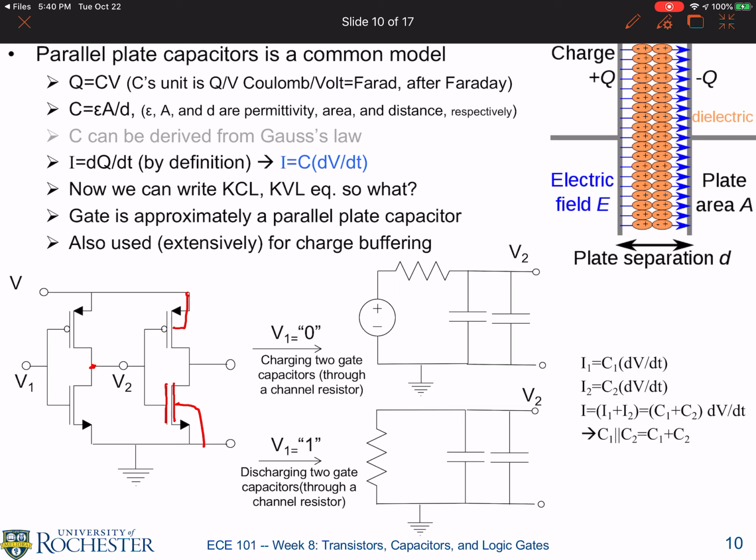And that's what we have. We have a charge path through this transistor, right? We're talking about going from 1 to 0 for V1. So gradually, this is going to be my charge path.